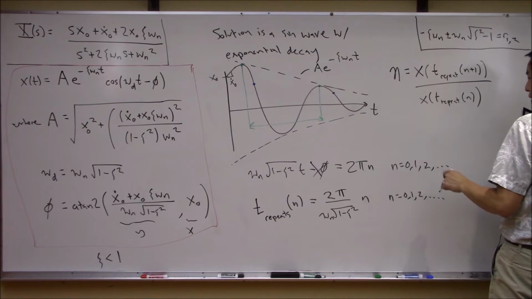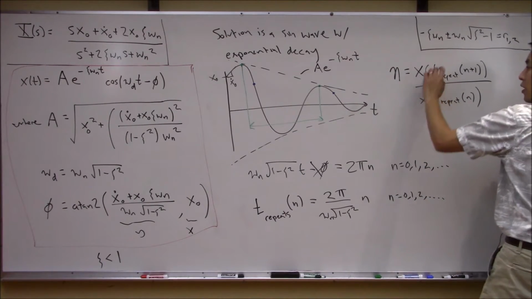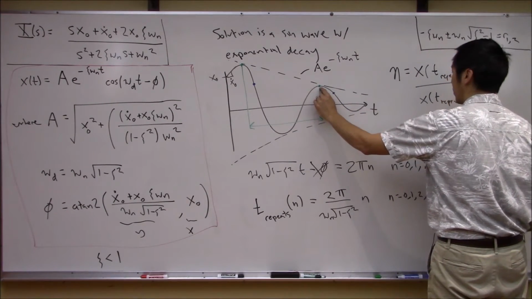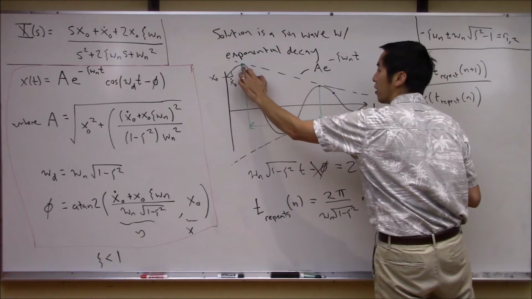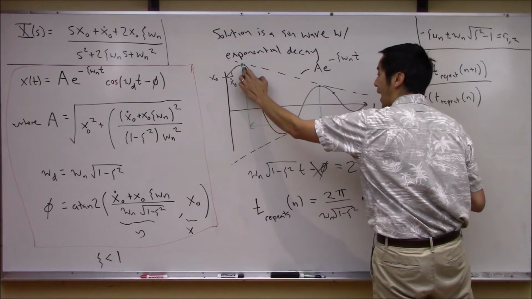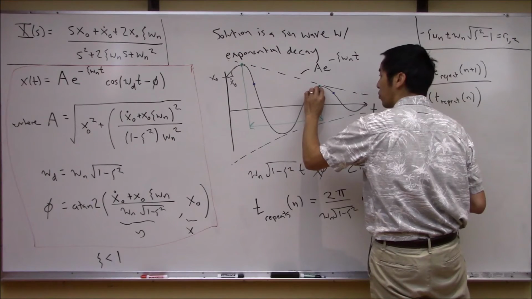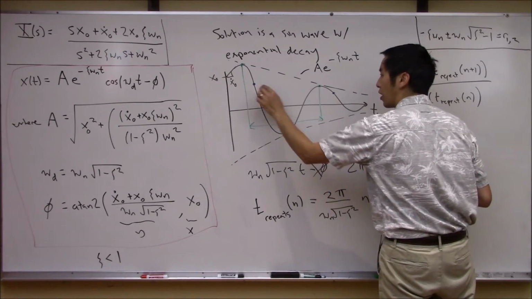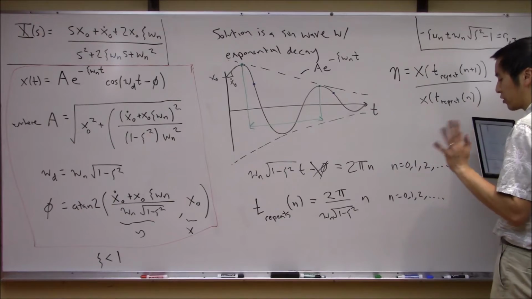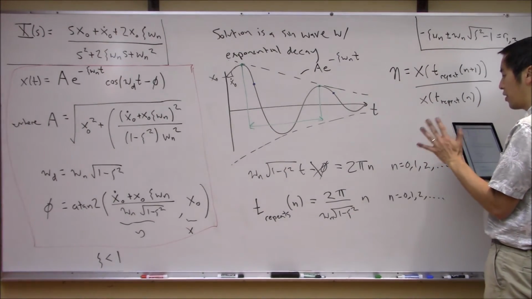All we're doing here is that the numerator is this further along point in time, and the denominator is the time one period back. So it's either the ratio of this green dot to this green dot or this blue dot to this blue dot. It really doesn't matter as long as they're equivalent locations on the wave.